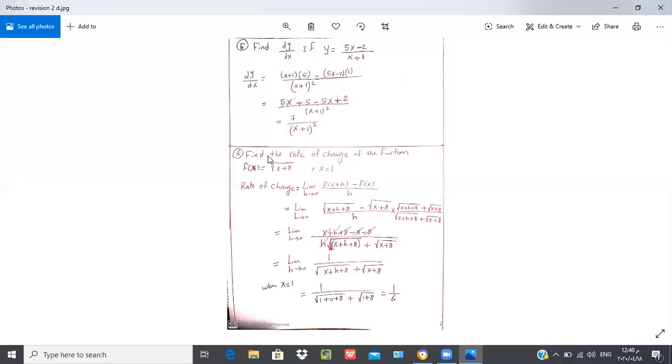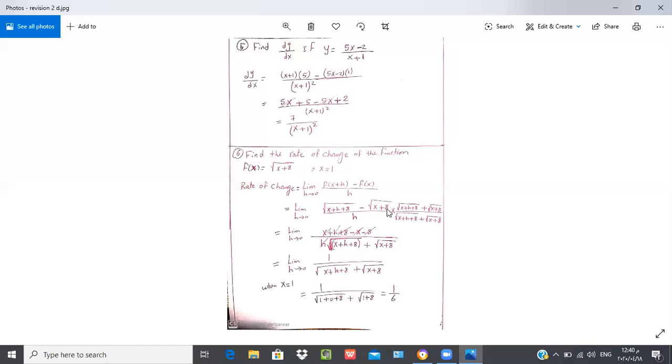Here he asks you to find the rate of change of this function at x equals 1. You know that the rate of change equals the limit when h tends to 0 of f of x plus h minus f of x over h. I give this part just to know that if I have a root, I must multiply by the conjugate. You remember this part?